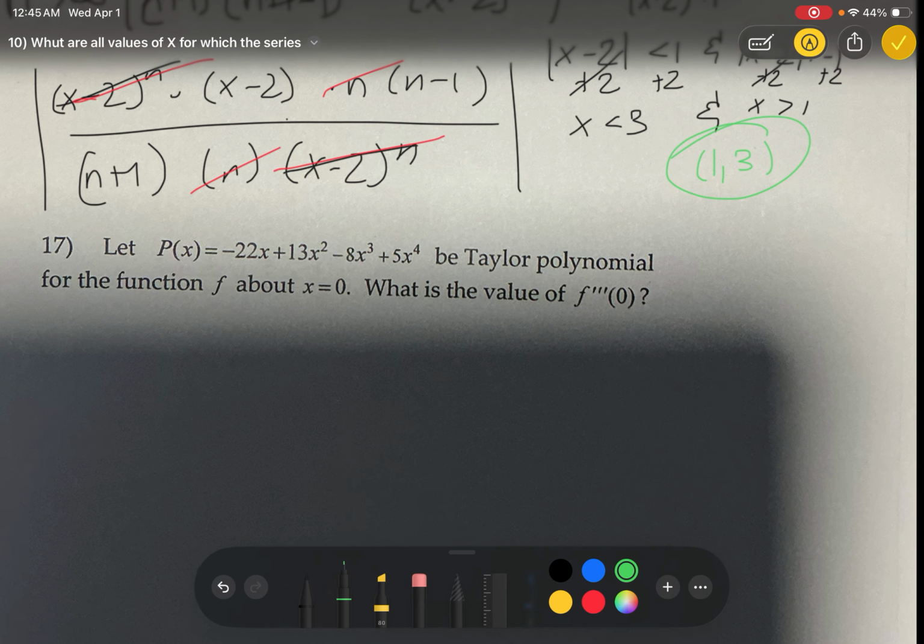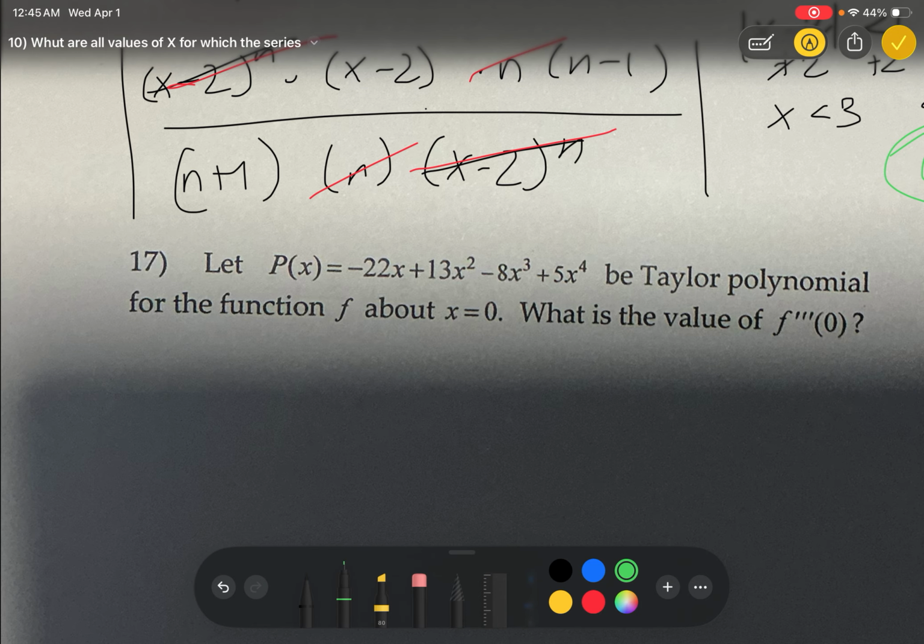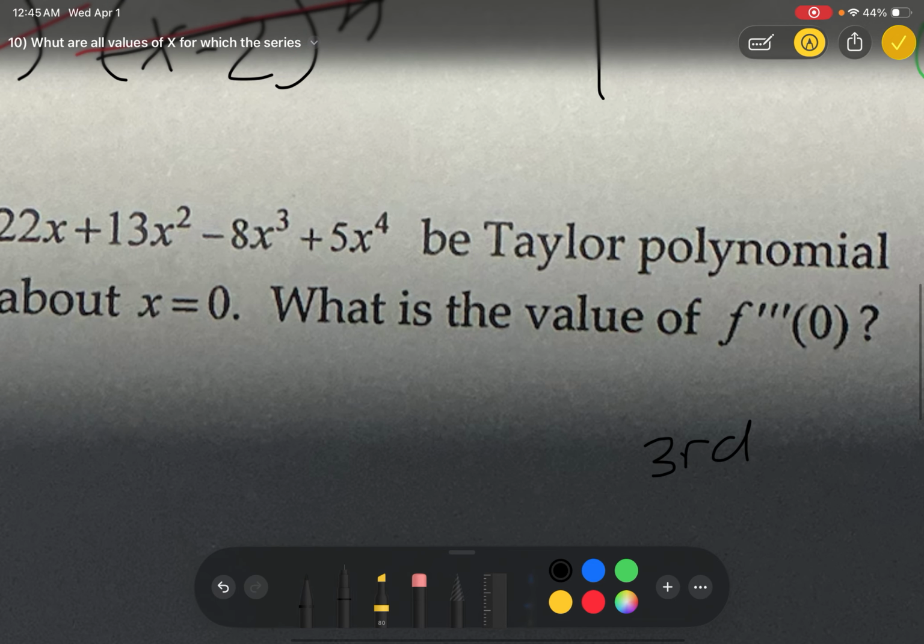Moving on to question number 17. What is the value of f triple prime of 0? We already have our entire polynomial written down for us, which makes life so much easier. And we're focusing on the third, so we're deriving this 3 times, third derivative.